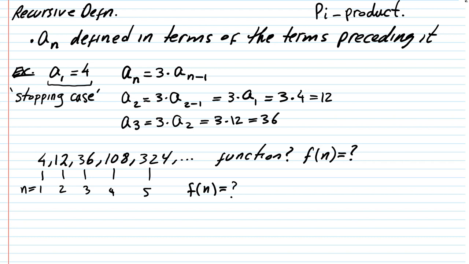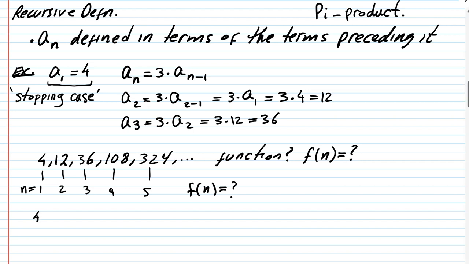Let's see, what's capable of generating the sequence when n is 1, 2, 3, 4, 5. So let's do it for this one actually. Let's see if we can find a functional form. Now remember, it's all about the pattern at this point because I just made that up. So it's not any special kind of series.